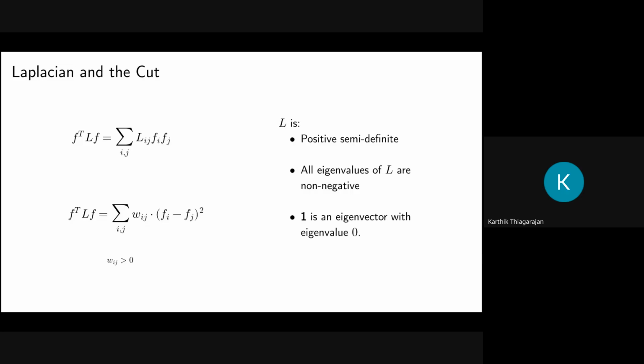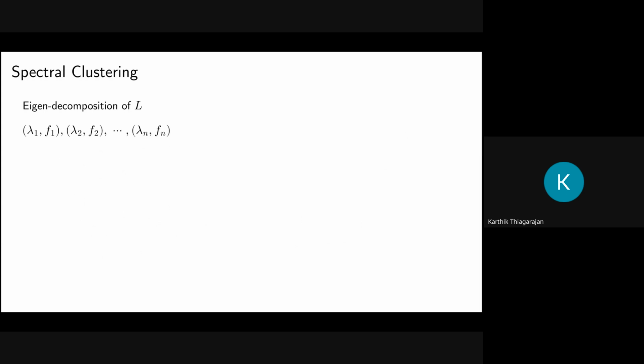And those of you who had seen the discussion in the group, you would know that if the graph has only one connected component, then there is only one zero eigenvalue. If not, you could have multiple zero eigenvalues, and one is always an eigenvector corresponding to the eigenvalue 0. So all this is standard results you need to know.